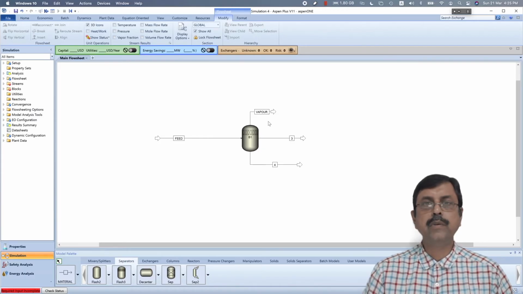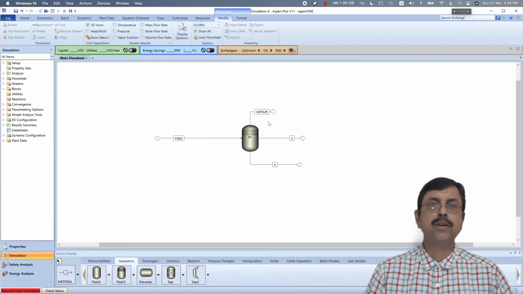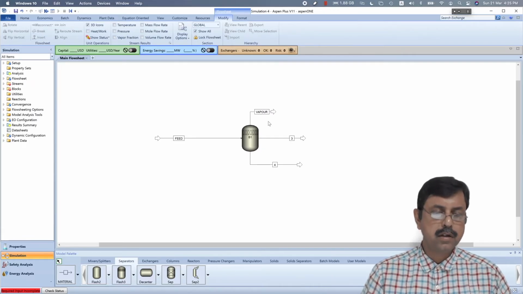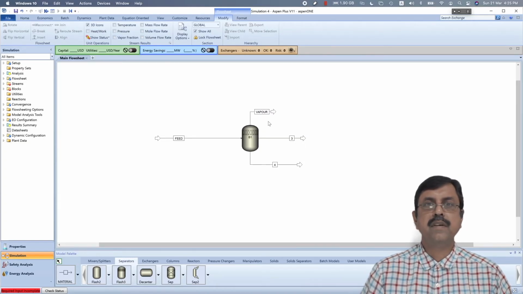Well, actually we won't get any vapor in this, because at normal temperature and pressure condition, none of this water, TRC and acetone, none of them have any vapor phase. But Aspen has to have some line with it.